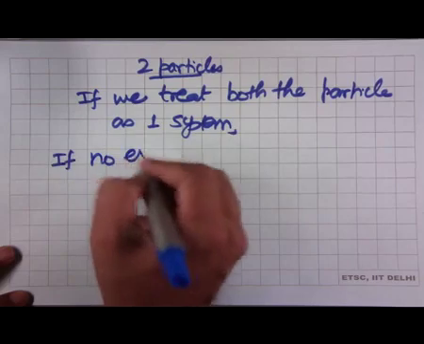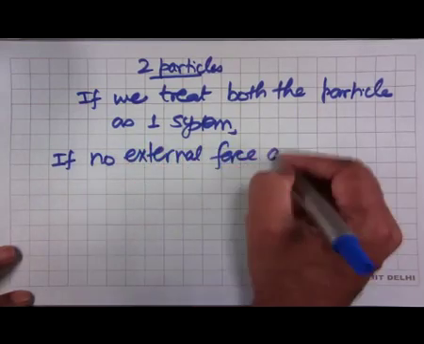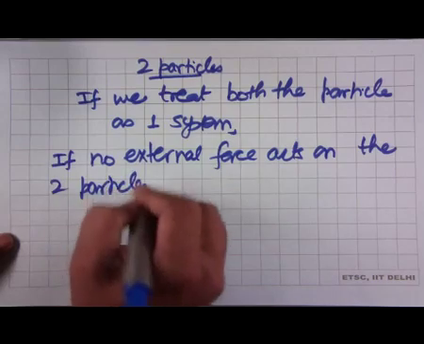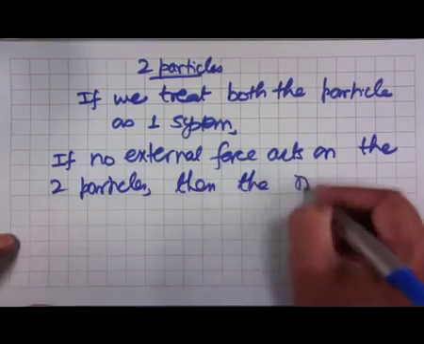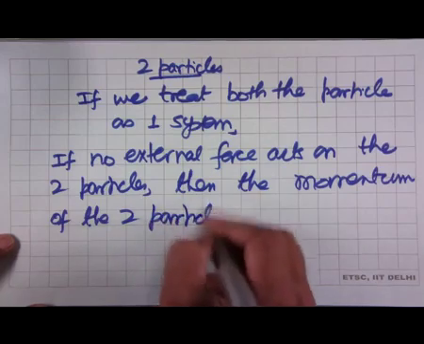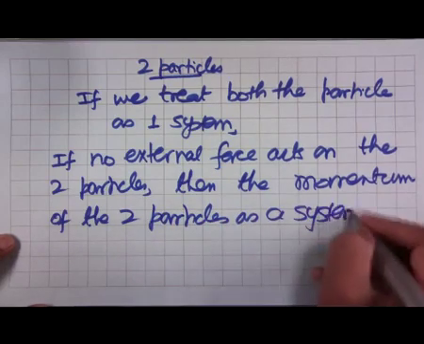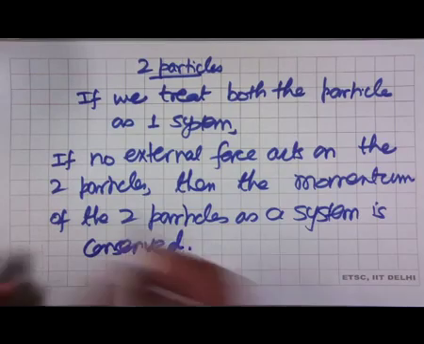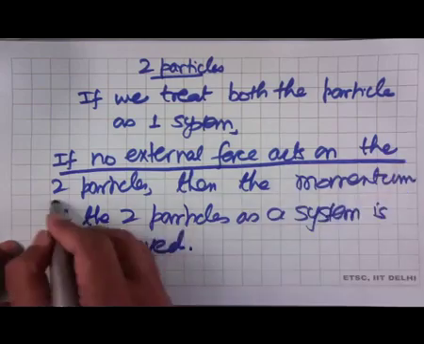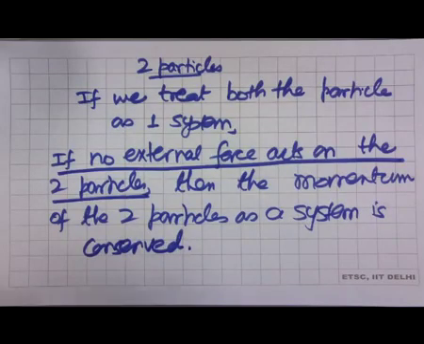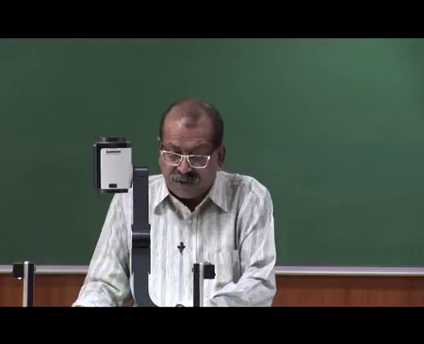If no external force acts on the two particles, then the momentum of the two particles as a system is conserved. By external force, I mean force which is external to 1 and 2. We will just show how this works, but the principle says the momentum of both these particles together as a system is conserved.